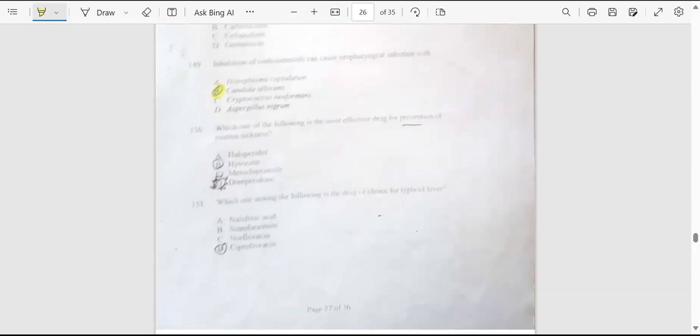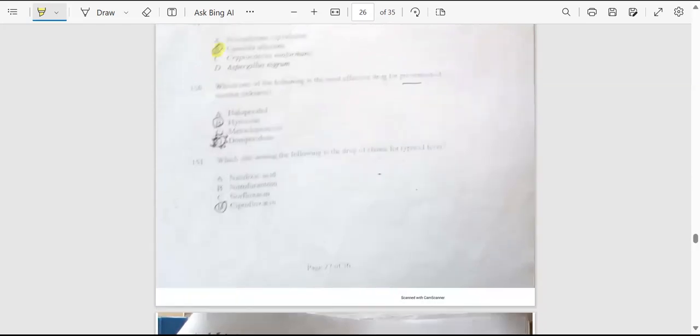I think it's B. Yeah, Candida. That's why they're told to cleanse your mouth after using an inhaler, especially corticosteroids.